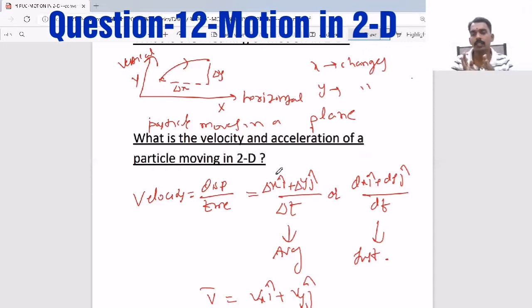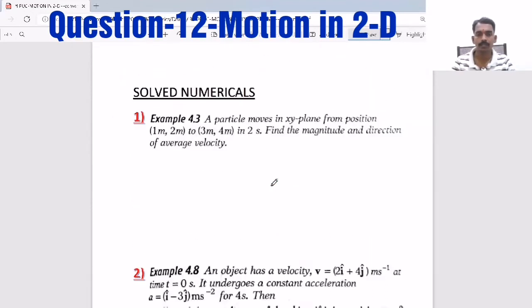But you apply them for the x-axis separately and the y-axis separately: x displacement, y displacement, x velocity, y velocity, x acceleration, y acceleration. So you can have the equations separately for the x direction as well as the y direction. That is the major difference. But you deal with the question in a similar way, just like kinematic motion in one dimension, applying the two directions separately.